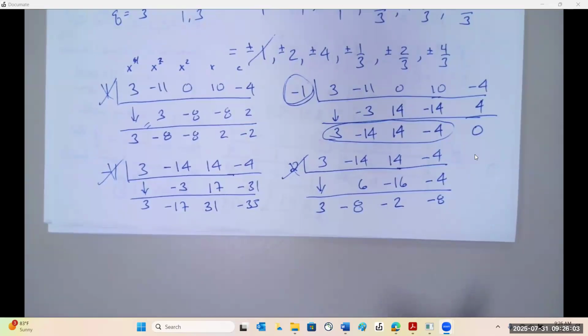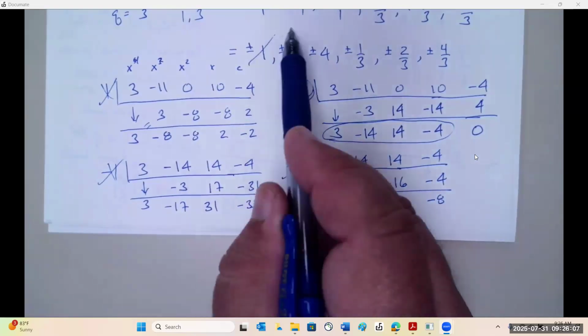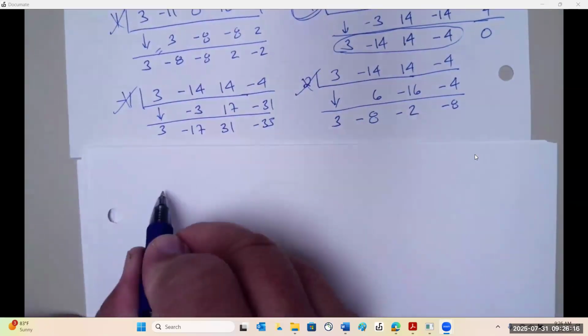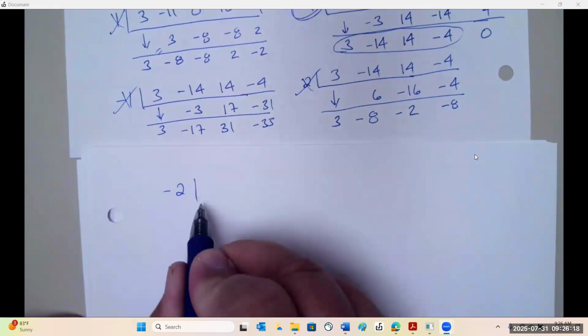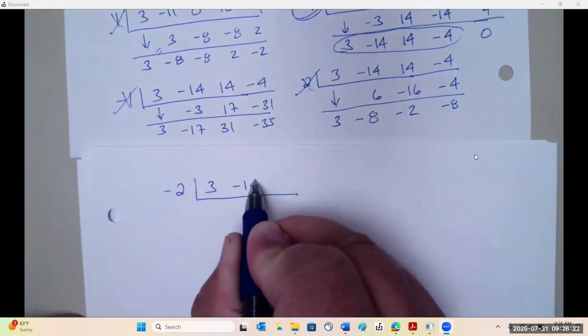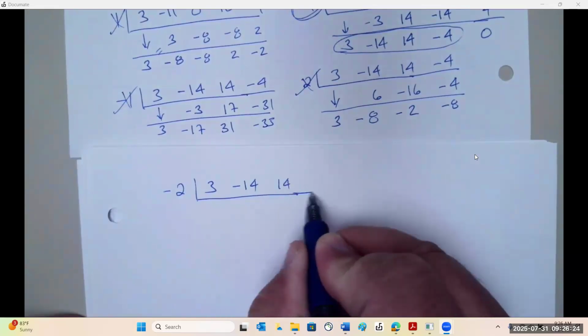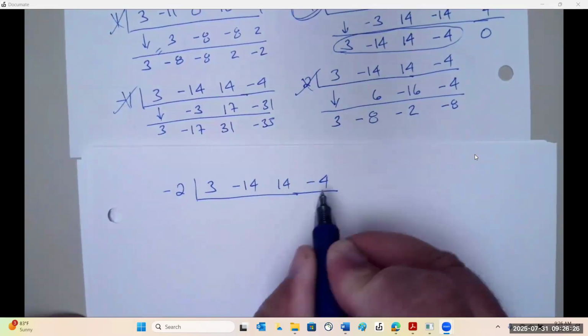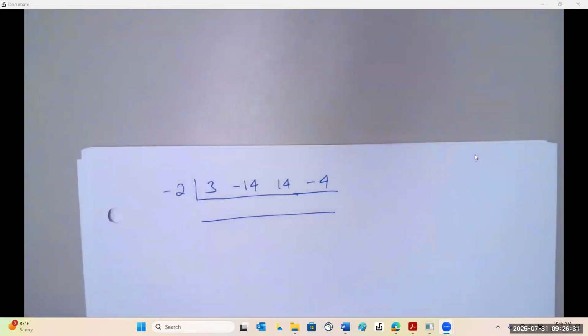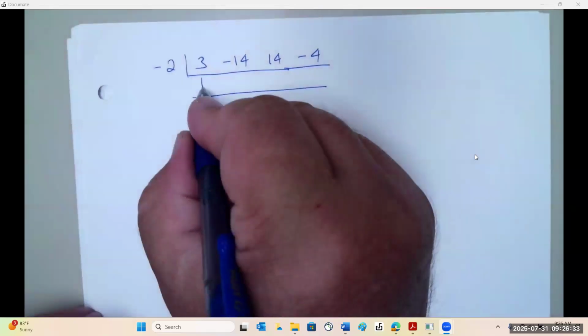What will be the next number? Now we do -2 with the same numbers: 3, -14, 14, -4. Bring down the first term.